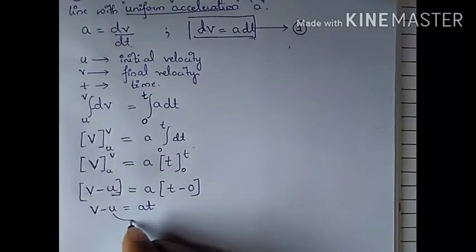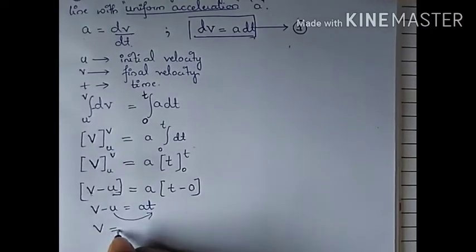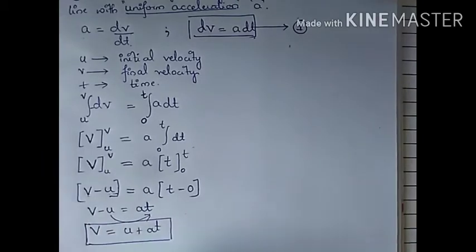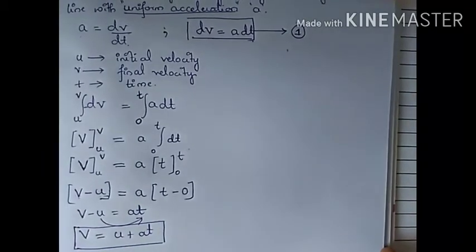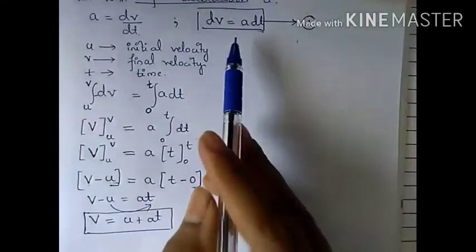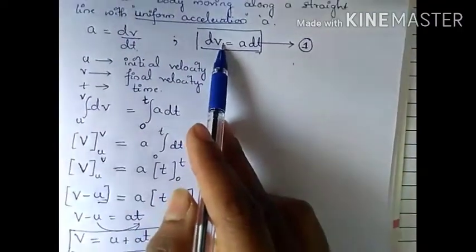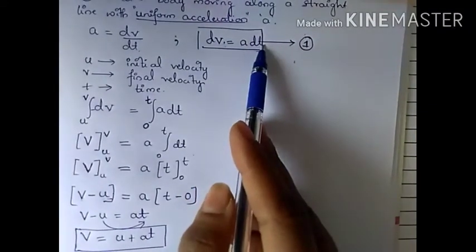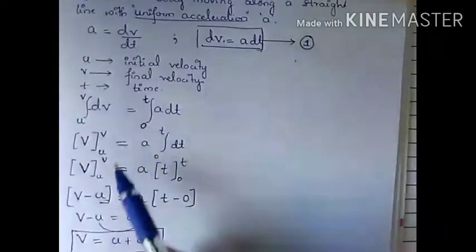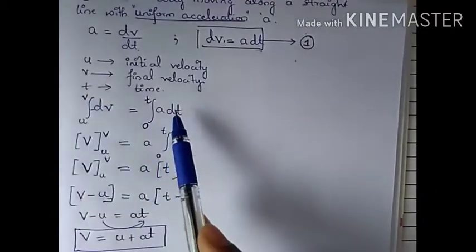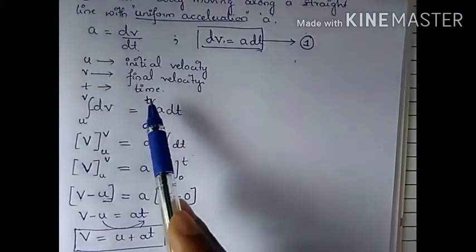Now if I remove the bracket, v minus u is equals to at. If I send this u to this side, what will happen? v is equals to u plus at. So this is the equation that we needed. We have derived this equation with the help of calculus, by integrating the equation dv is equals to a dt with the proper limits: the proper limits for dv are u to v, and the proper limits for dt are 0 to t.